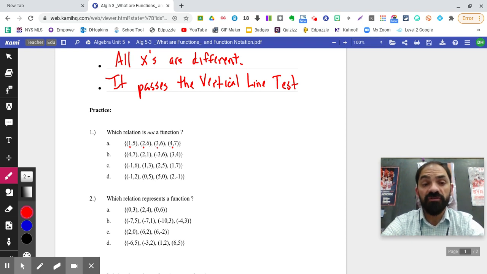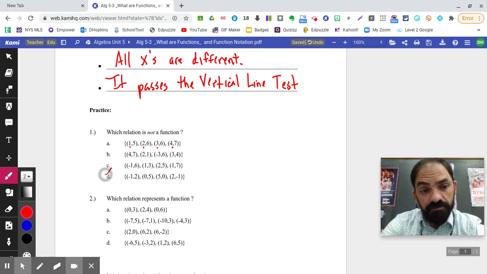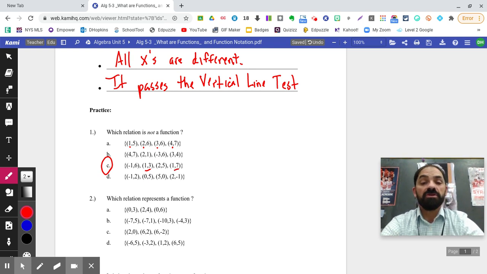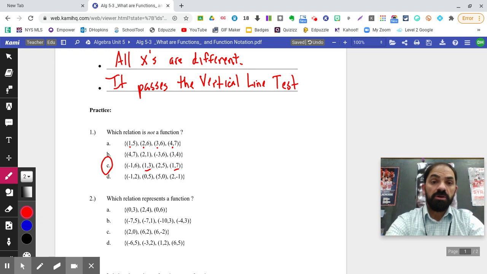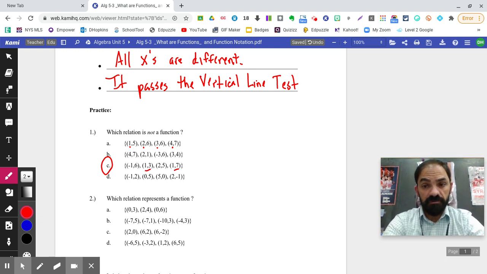If they're all different, it's a function. So I'm looking for one that's not a function. Part B is 4, 2, negative 3, 3. They're different. Negative 1, 1, 2, 1. So in C, 1 goes to 3 and 1 goes to 7. So that x value has multiple y values. So that is not a function. And if I plotted those points, it would not pass the vertical line test either.